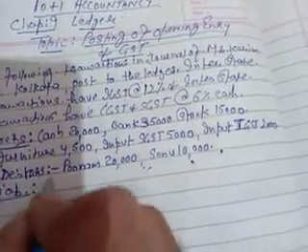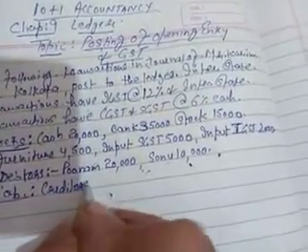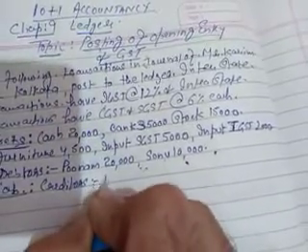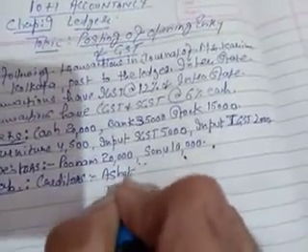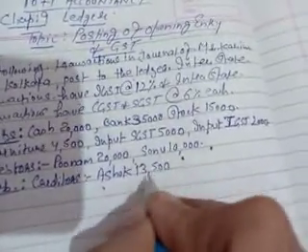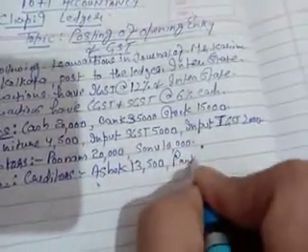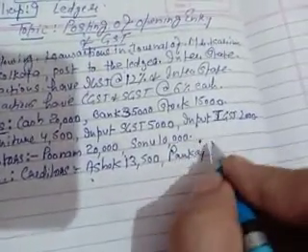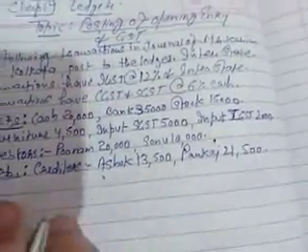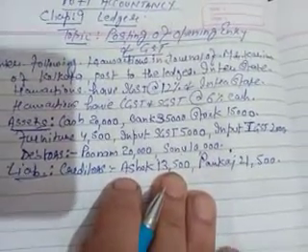The liabilities are creditors by the name of Ashok 13,500 and Pankaj 21,500. So these are the things which are given to us in the question regarding the opening entry.